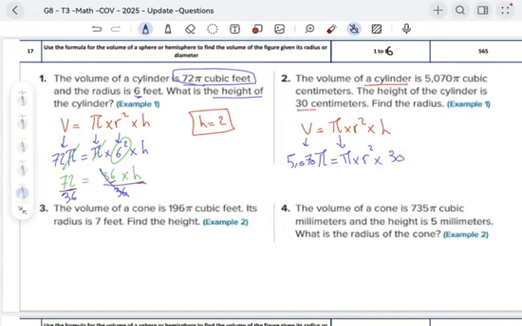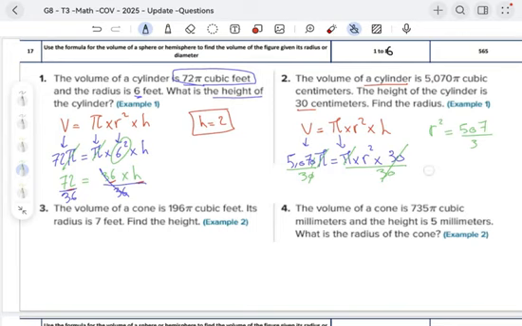So now we're gonna simplify. I will divide by pi, divide by 30, both sides. So we're gonna have radius squared equals, I will remove a 0, so now we have 507 divided by 3.